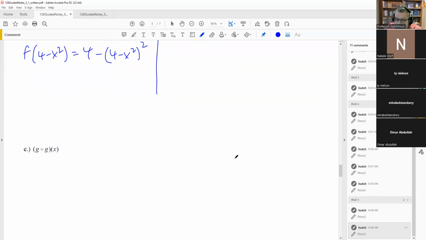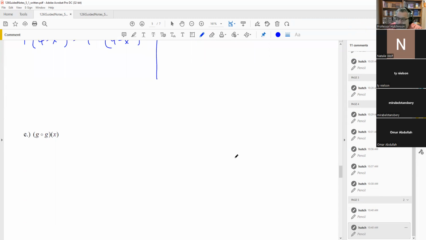Last one is g of x. So this definition is a g with a -1. I'm sorry, it's jumping ahead here. g of x we have to start with first, and then that gets replaced with -1 over x. Okay, so the definition is g of x.